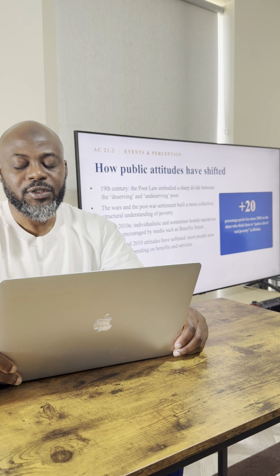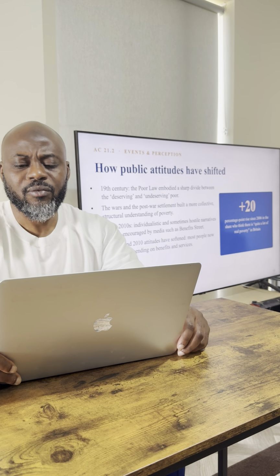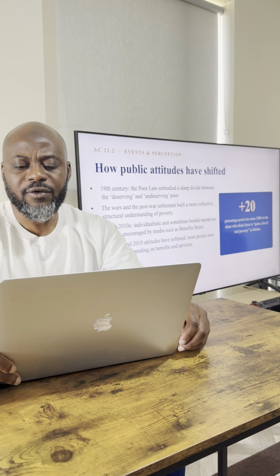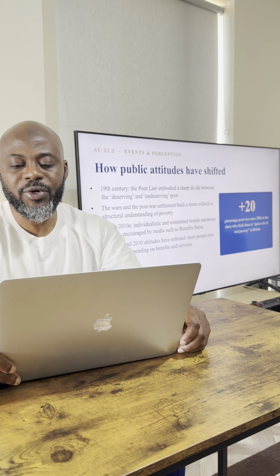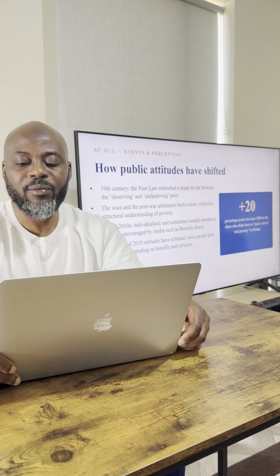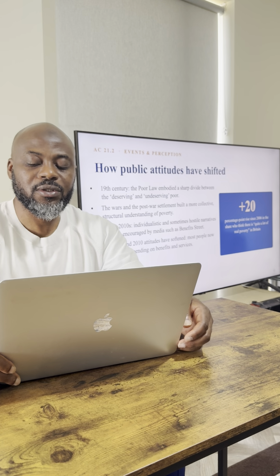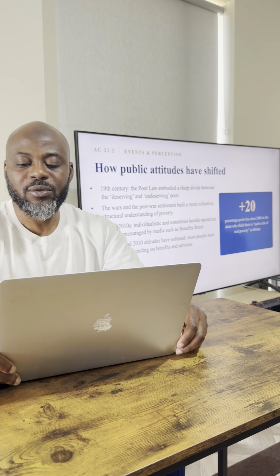How public attitudes have shifted. Public attitudes have changed over time. Poverty was once seen mainly as an individual's fault, but today, more people recognize the importance of wider economic and social factors and support greater government action.